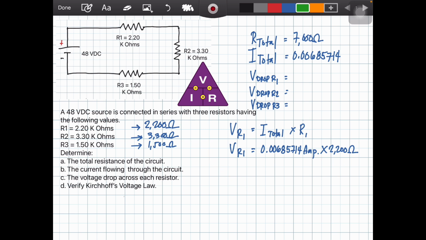Next, we write VR1, voltage drop across R1. You multiply these two, and what you get is 15.085. So we write 15.085 volts.